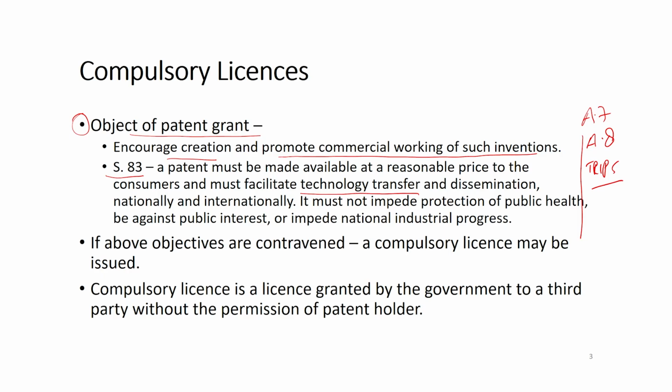It should not be tilted in favor of creators of invention. It must also take into account the interest of users of patent. It must not impede protection of public health. Patent law must not be against public interest. And patent law must not impede national industrial progress.